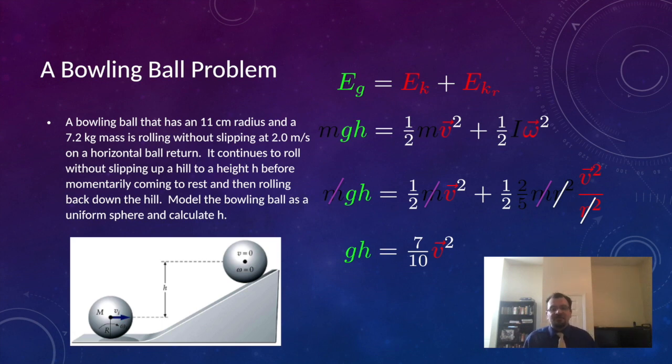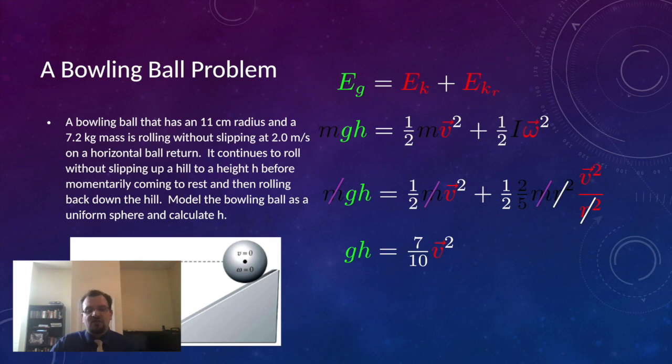So the difference here is in that fraction. If we were only dealing with the linear velocity, we'd end up with a 1/2. So now, because it's spinning and we're taking into effect that rotational motion of the ball, we're dealing with 7/10 instead. So it's going to be going up the ramp a little bit higher. So let's go ahead and solve for h.